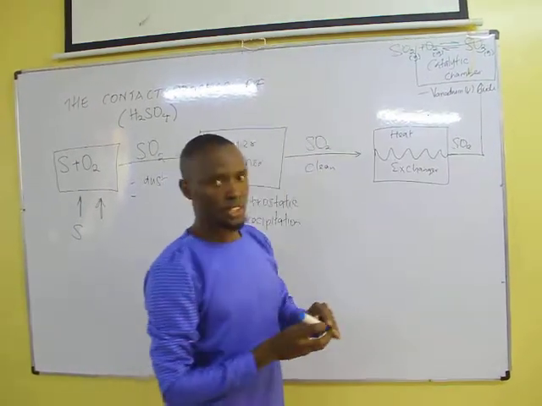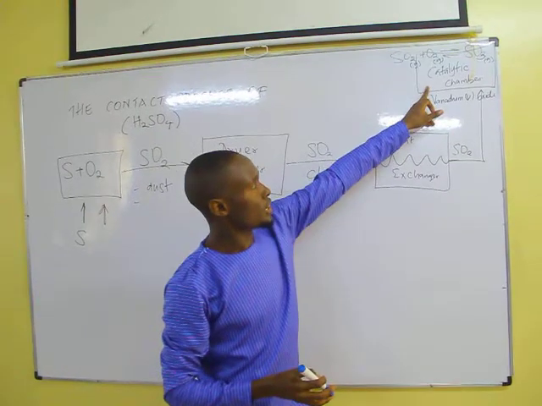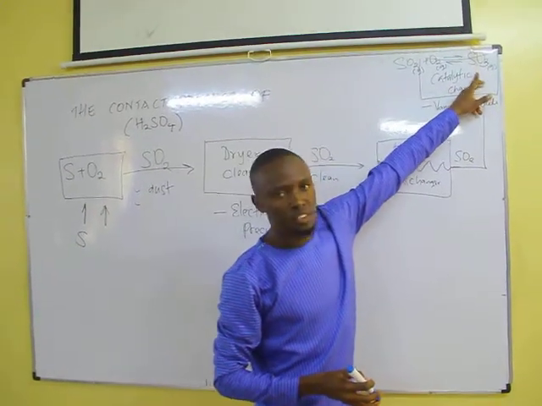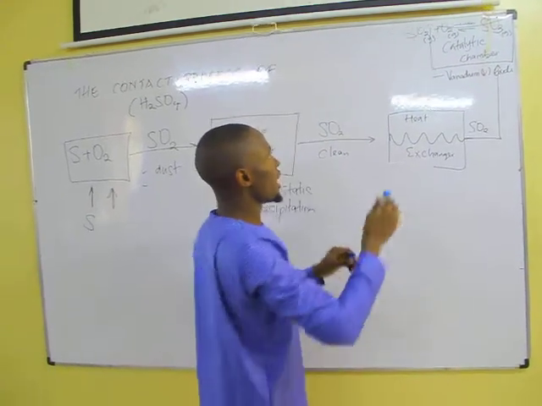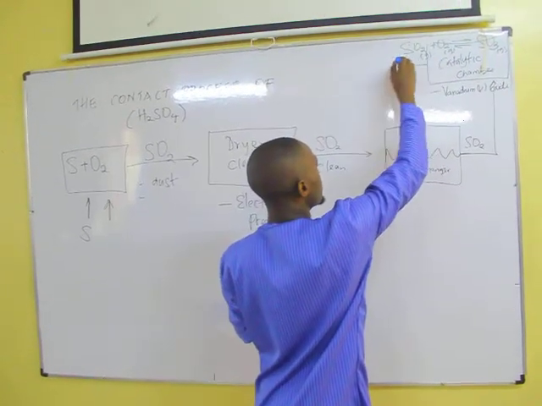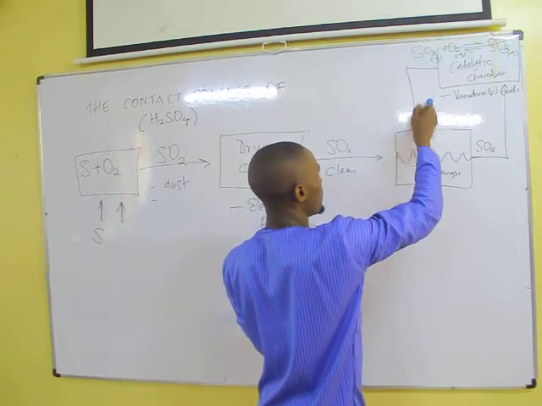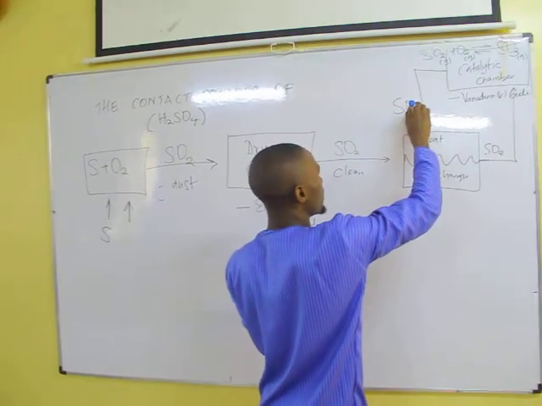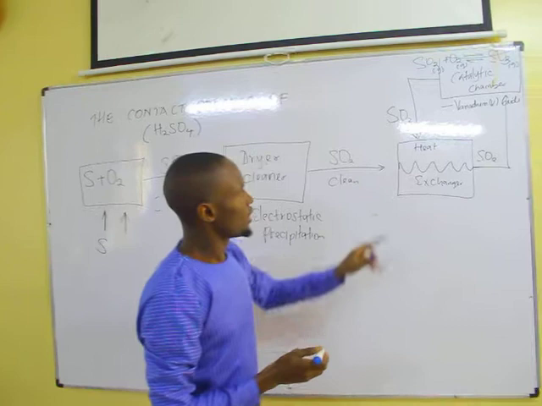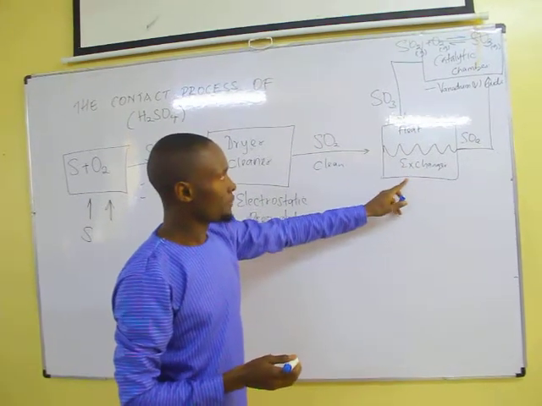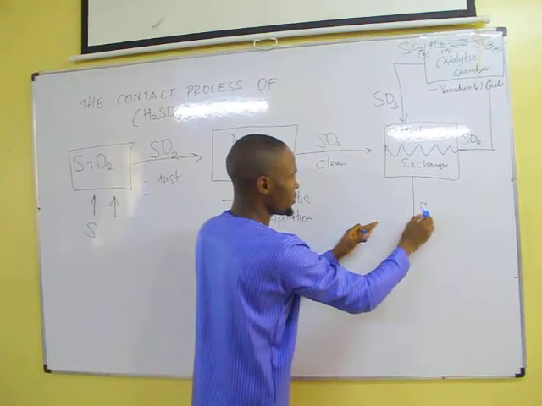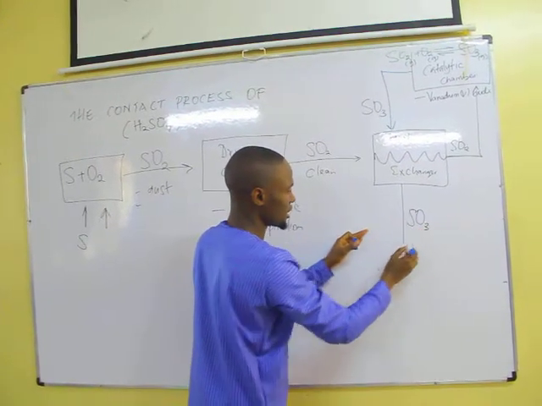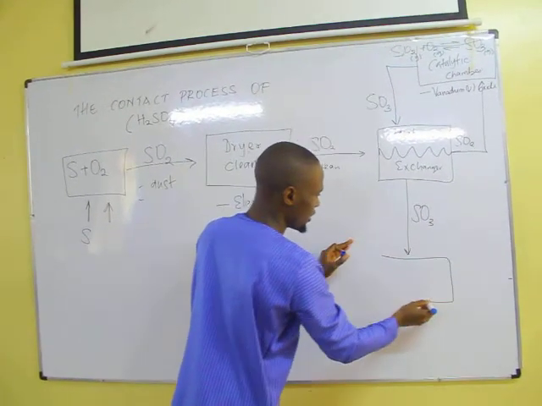So that means the function of the catalytic chamber is production of sulfur 6 oxide, and this sulfur 6 oxide again is passed through the catalytic chamber. So I'll show arrows like this again into the catalytic chamber. And then from this chamber, the sulfur 6 oxide is taken to another chamber here.